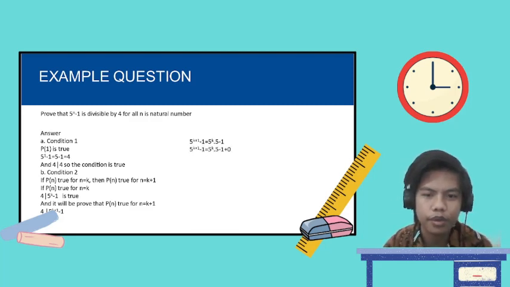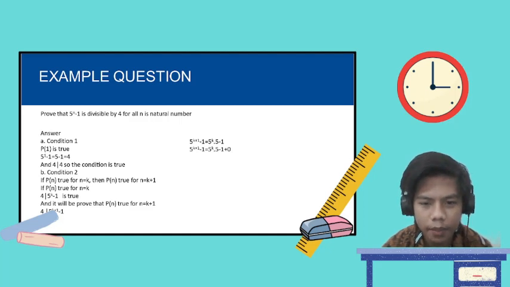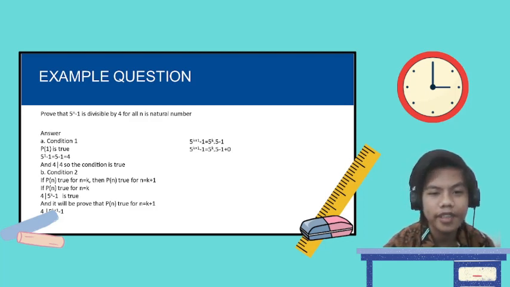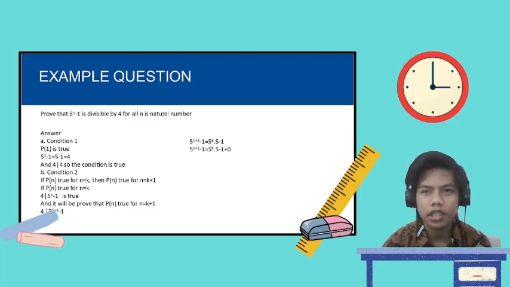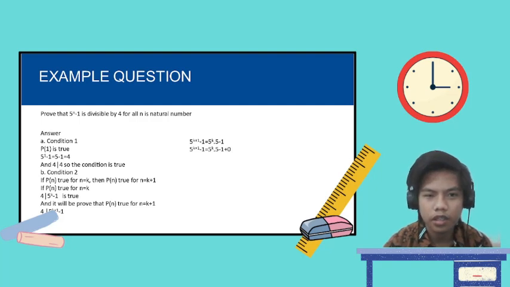And so we can write that as 5 to the power of k times 5 minus 1 plus 0. And we know that with the equality, plus or minus 0 cannot change the equality.